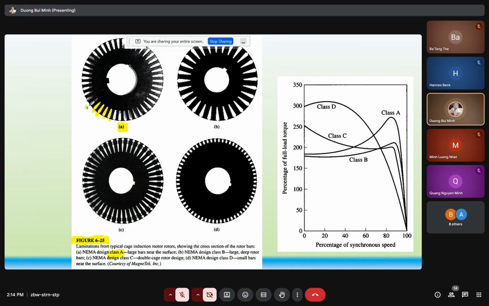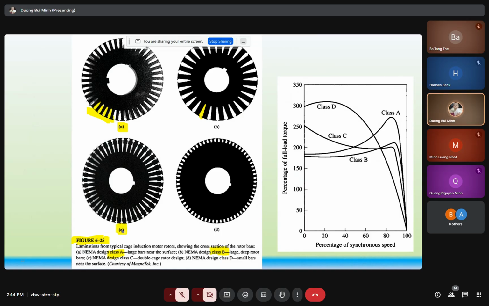The conduction bar or rotor bar is very near the surface, so X2 is very small. For class B, here we get a very deep conduction bar, so X2 is higher.